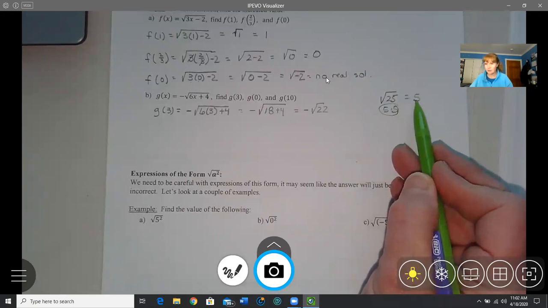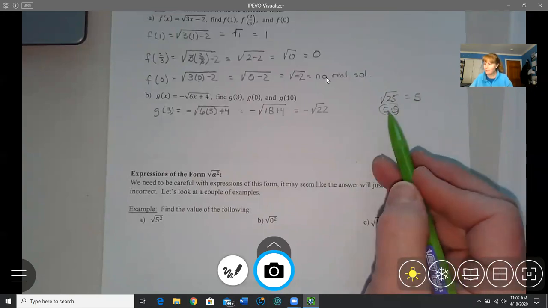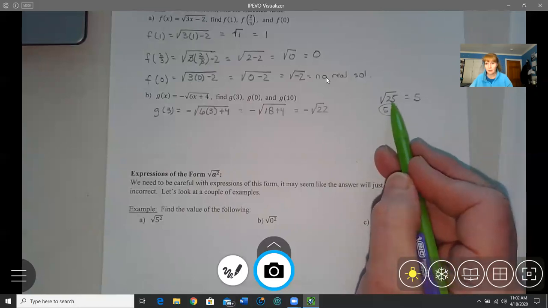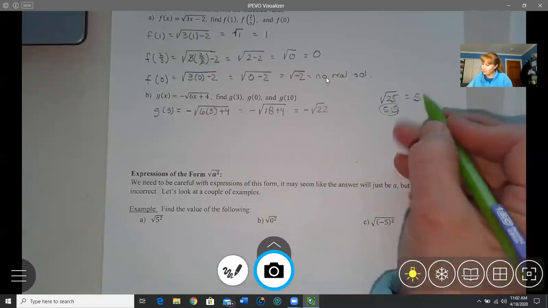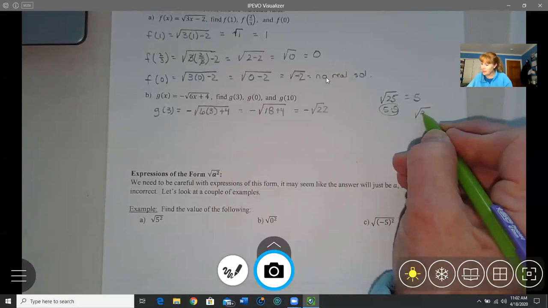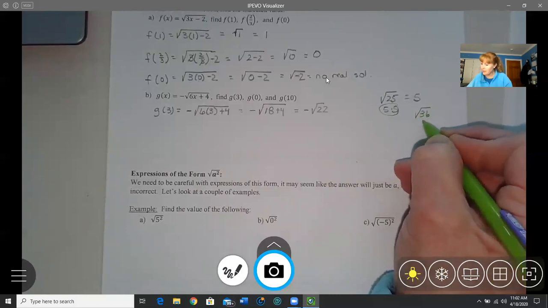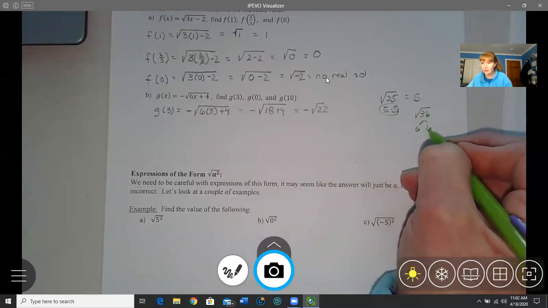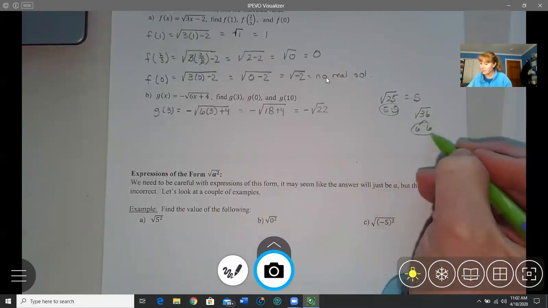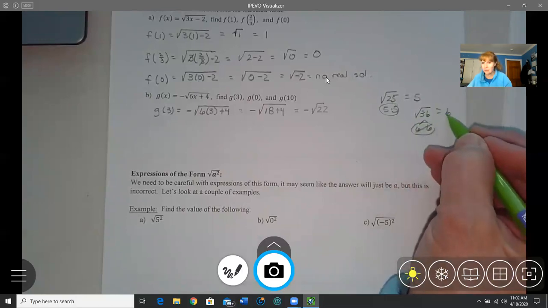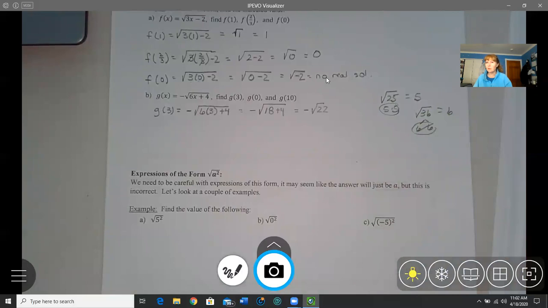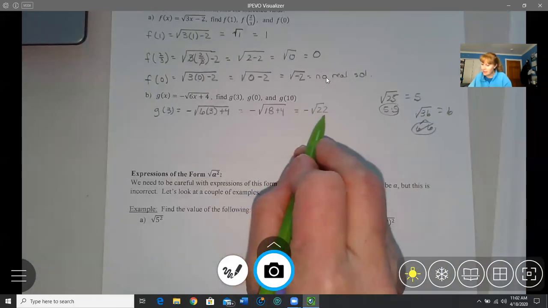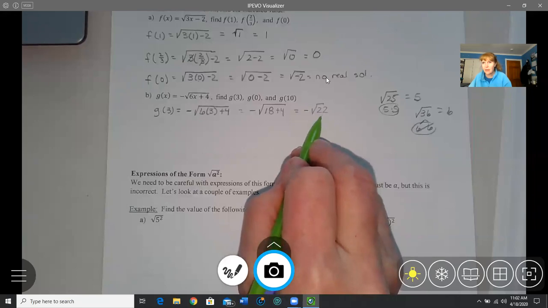If I had, for instance, the square root of 36, well, this is 6 times 6, and I've got 2 of them, so it comes out to be a 6. And we'll be looking at this idea when we do cube roots and fourth roots. But because this is 2 times 11, it cannot be reduced.